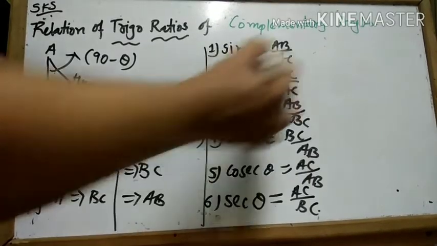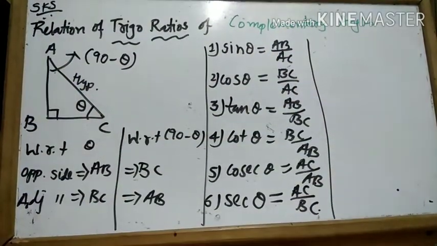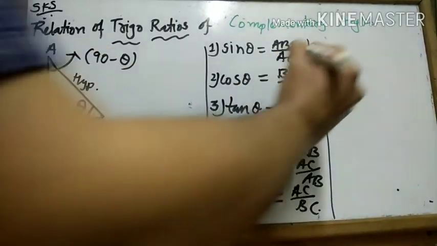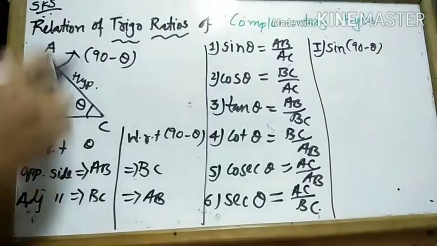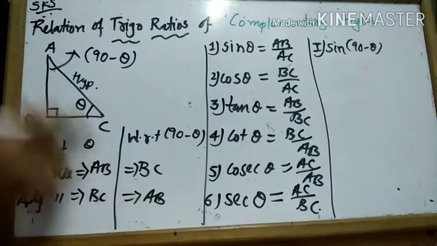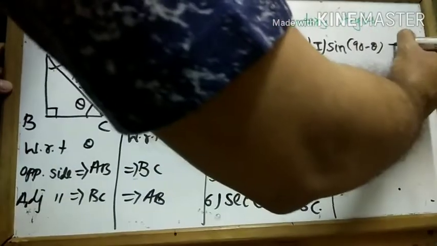I am going to write down 6 more ratios, but this time with respect to 90 minus theta. So I am going to write down sine of not theta, but this time 90 minus theta. For 90 minus theta, what is my opposite side? BC. Hypotenuse is AC, so it will be BC over AC. Cos 90 minus theta will be AB upon AC. What I am applying is just the concept of definition, nothing else.